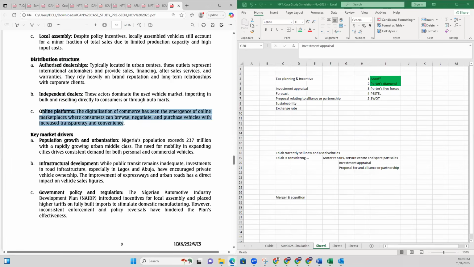And then you can also incorporate an online platform. So if you are going into this line and working as an independent person in that line, it will be a capital investment appraisal thing. Do you agree?